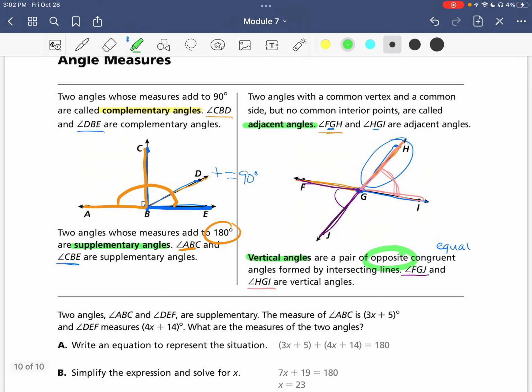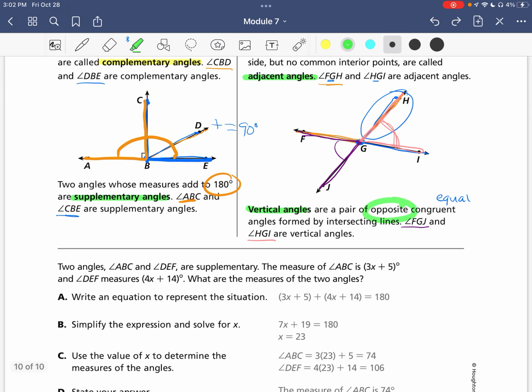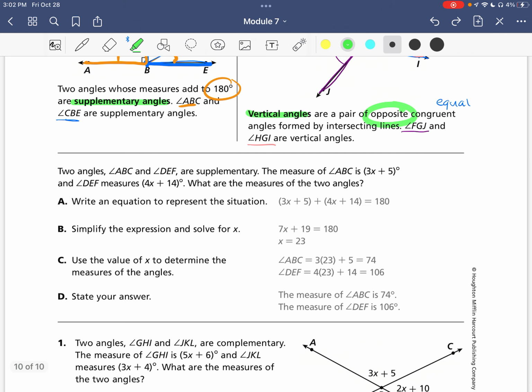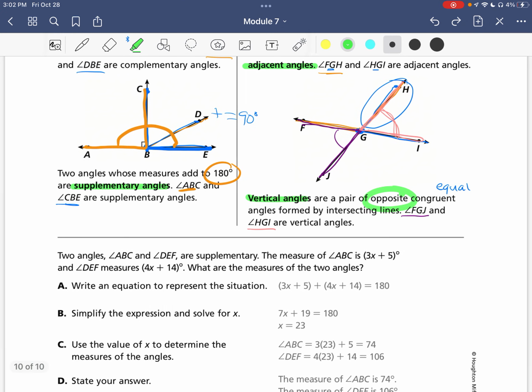So knowing these facts will help you identify what you're trying to equal, whether it's two angles that equal 90, or two angles that equal 180, or if they're just two angles that equal each other. All right, so two angles, ABC and DEF, are supplementary. So supplementary equals 180.